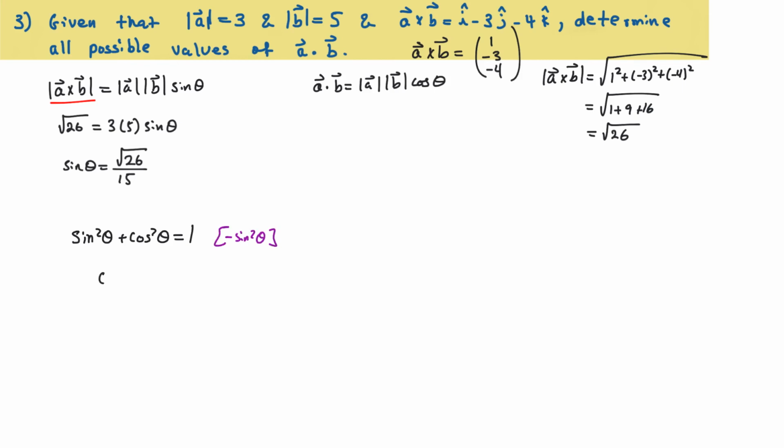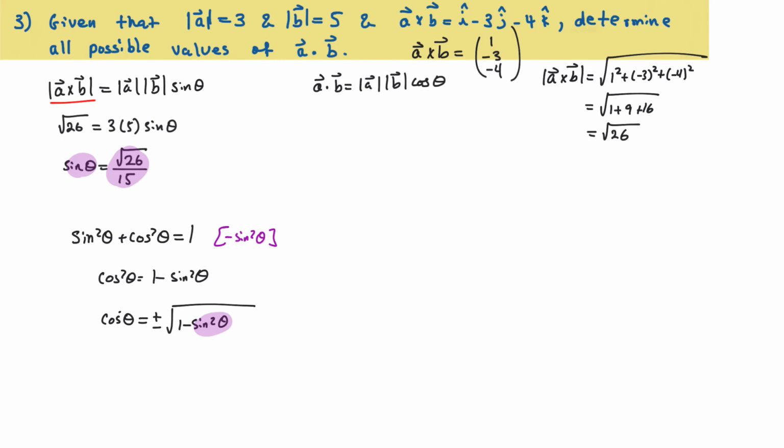So I will get cos squared theta is equal to 1 minus sine squared theta, and I will take the square root of both sides, and I will get plus or minus the square root of 1 minus sine squared theta here.